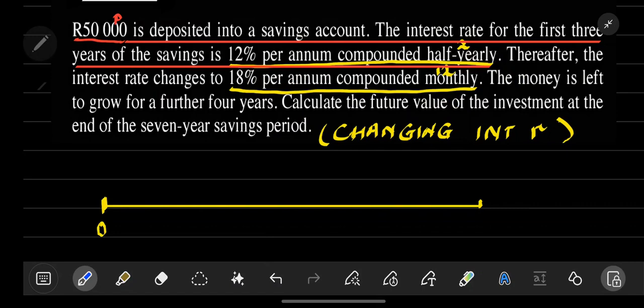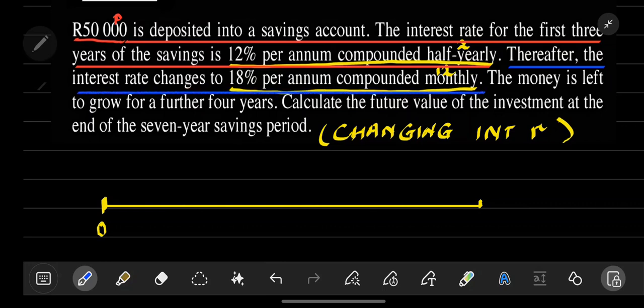So that 3 years is the red part. And then thereafter, the interest rate changes to 18% per annum compounded monthly. The money is left to grow there for a further 4 years. So we have another statement. Let me make it blue.